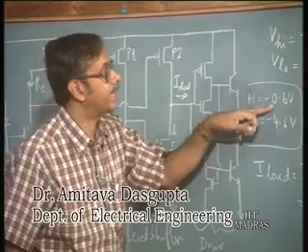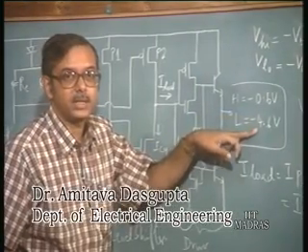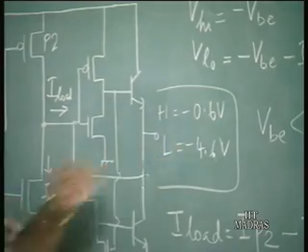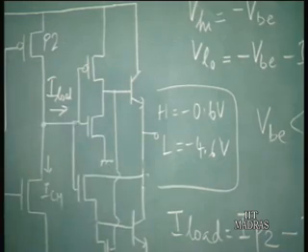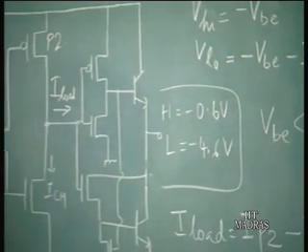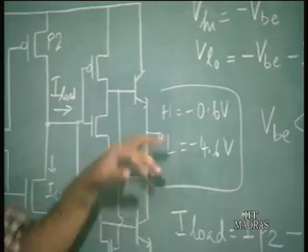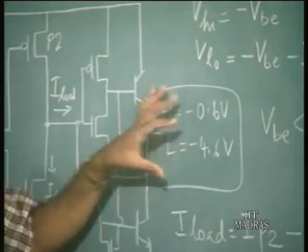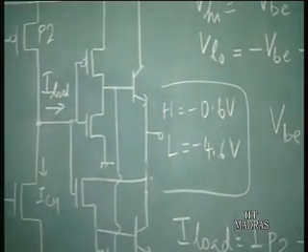So, you get minus 0.6 and minus 4.6. High will be minus 0.6, low will be minus 4.6. So, basically we convert the ECL level to BiCMOS level. This is basically CMOS level, except that it has been level shifted down to negative values.